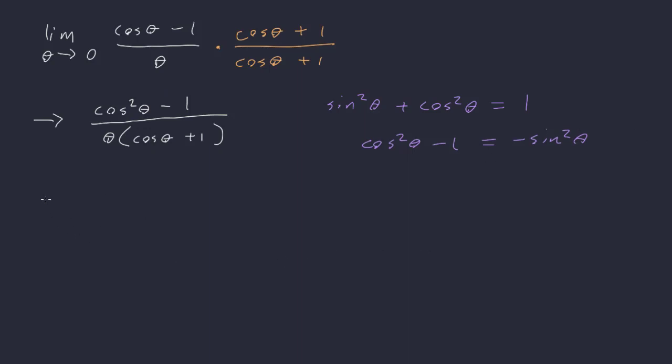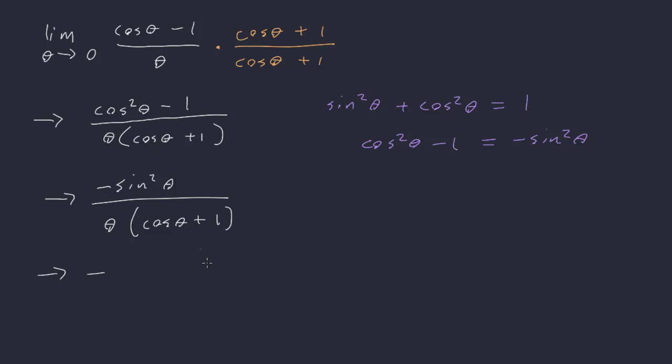So we could rewrite the top as a negative sine squared theta all over theta times cosine theta plus 1.